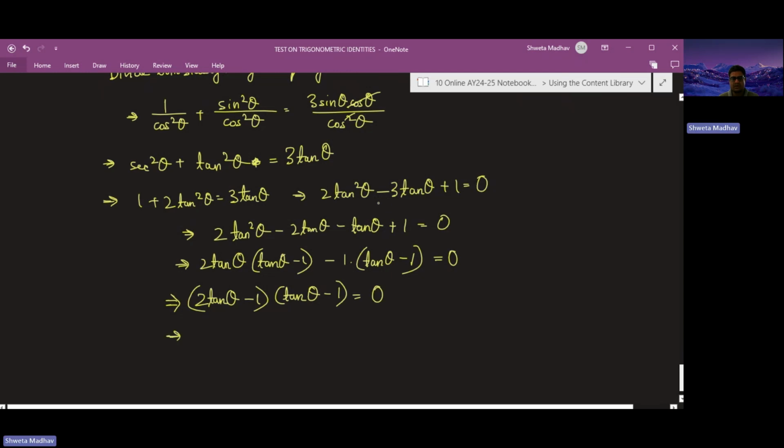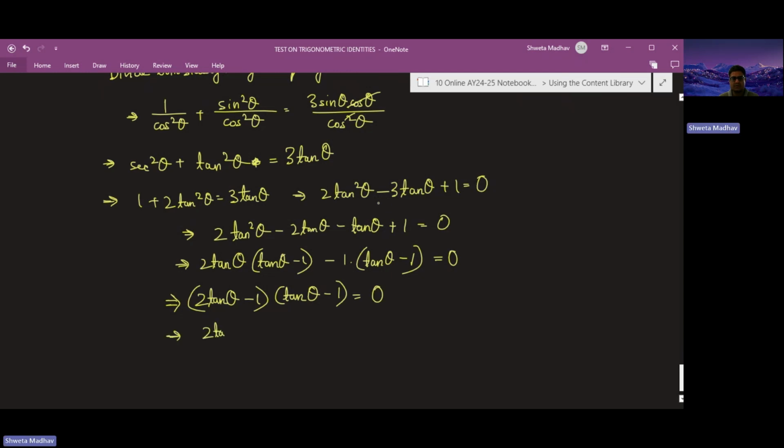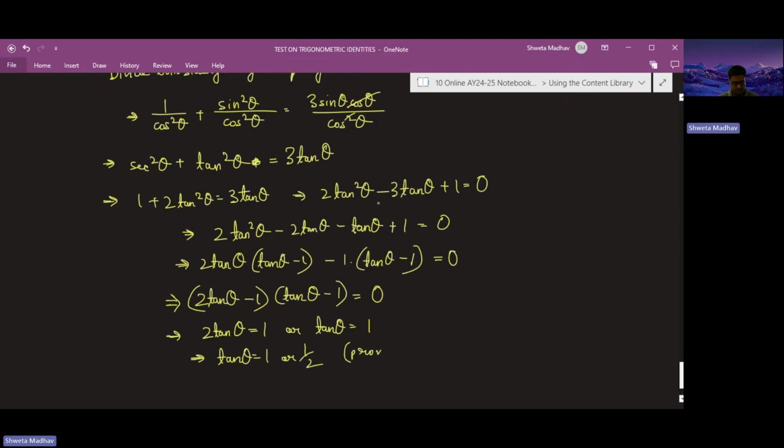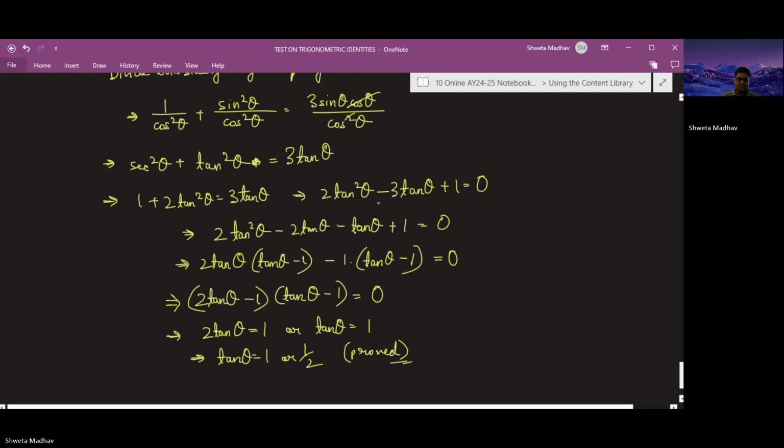So then we can say that 2 tan theta minus 1 can be 0, or tan theta minus 1 can be 0. So 2 tan theta will be equal to 1, or tan theta will be equal to 1. So hence I can say tan theta will be equal to 1, or 1 by 2. Hence proved.